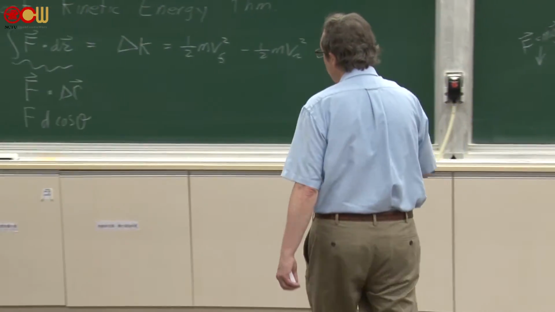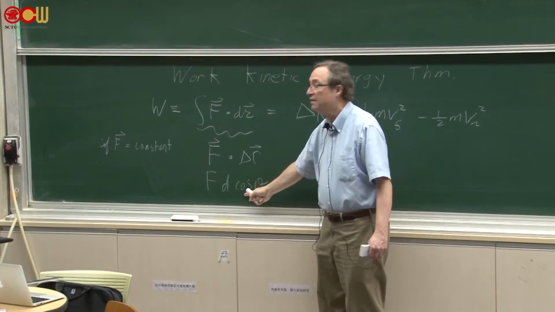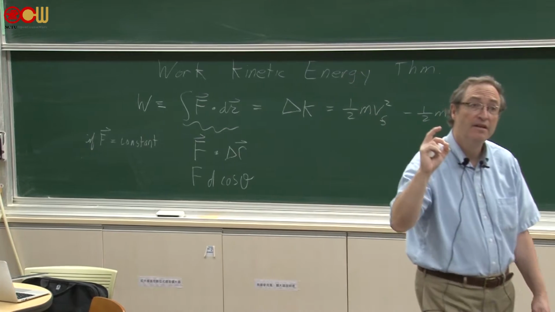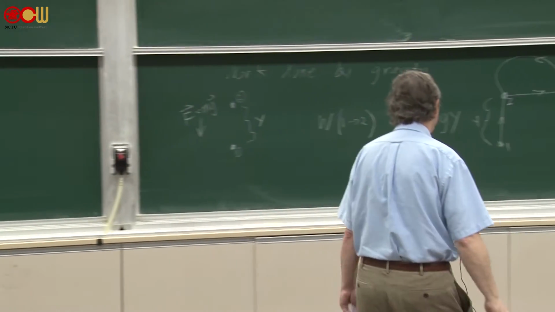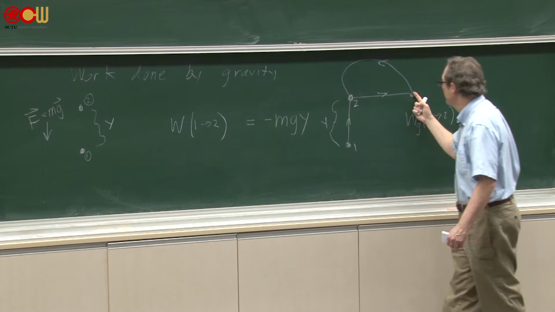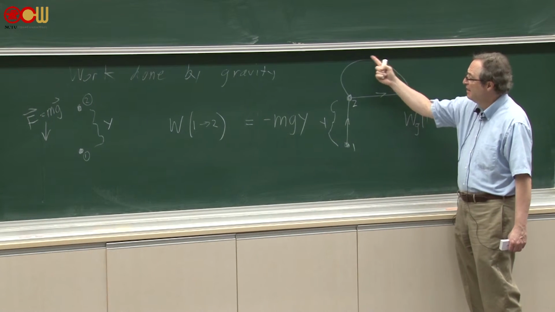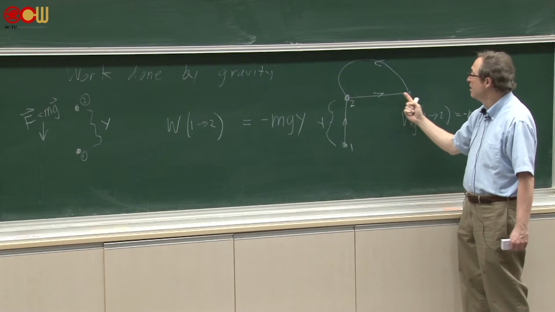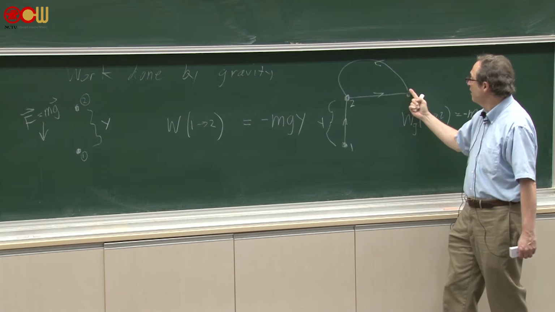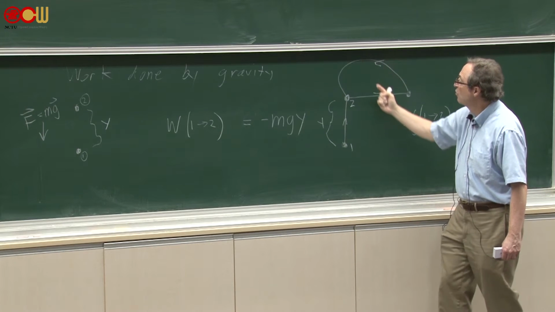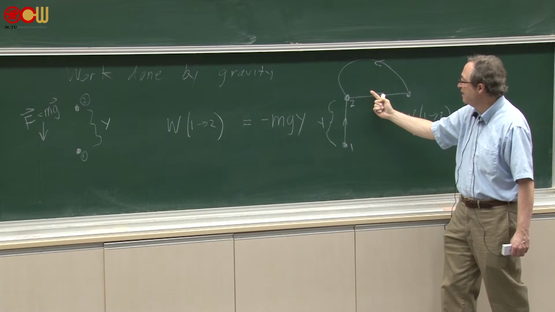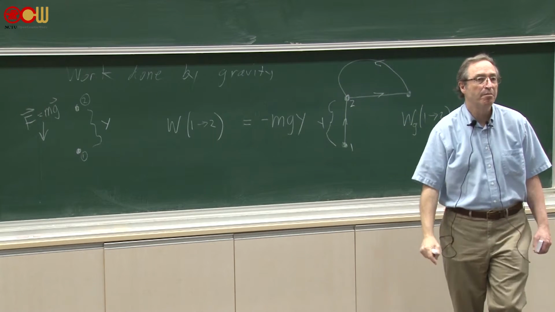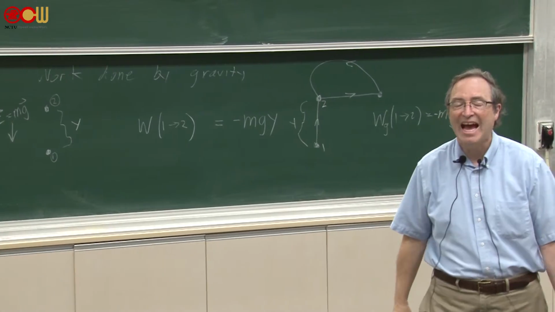And by this rule here, the cosine of 90 degrees is 0. Okay? So there's no work done going from here to here. In this part, it's not as clear, not as obvious, but when we integrate along this curve, we're going to get a negative integral going up, and then when it comes down, we'll get a positive integral that'll exactly cancel.